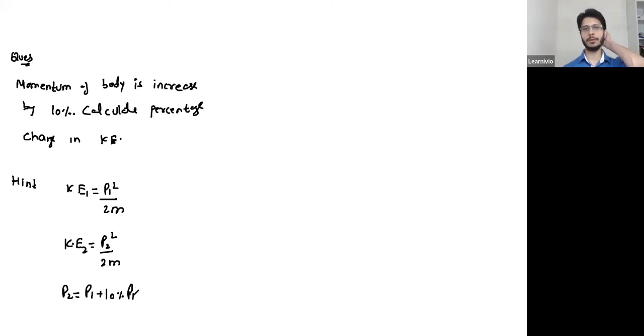This is the final momentum. Just substitute this value here and then calculate the percentage change in kinetic energy, which is K2 minus K1 by initial, multiplied by 100. Do these steps and calculate the percentage change in kinetic energy.